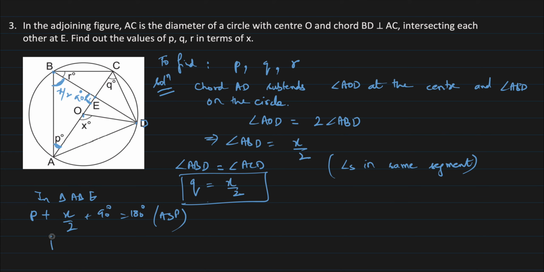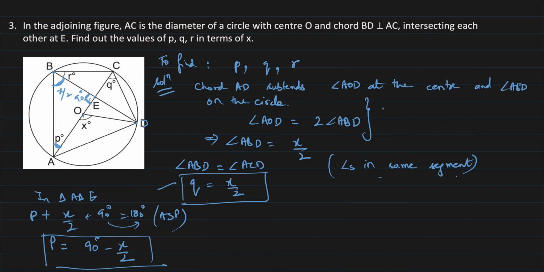So from here I can say, what is P? Bring it here, 180 minus 90 is 90 minus X by 2. So P also I got as 90 minus X by 2, right? So I got Q using angle in same segment, and also we have the theorem that the angle subtended by a chord at the center is twice the angle subtended by the chord on the circle, okay?